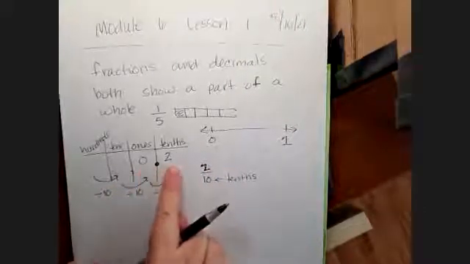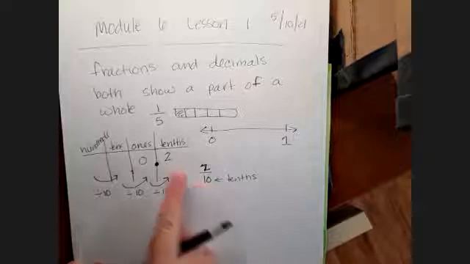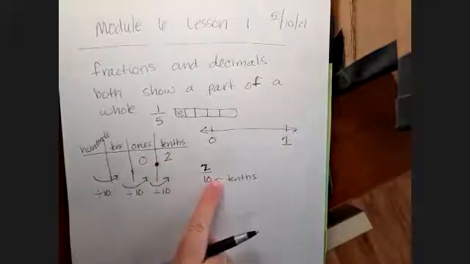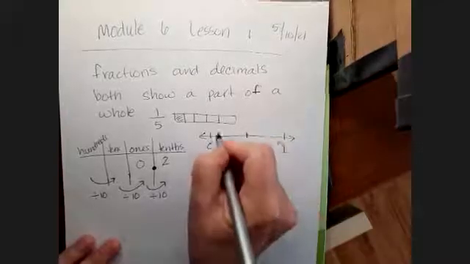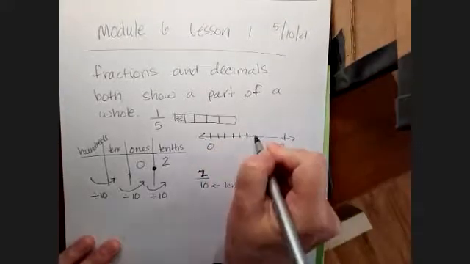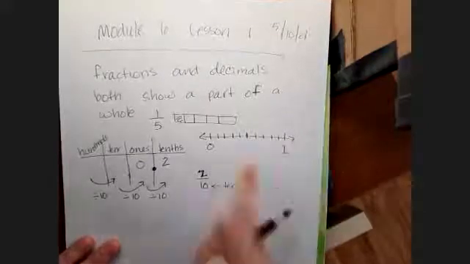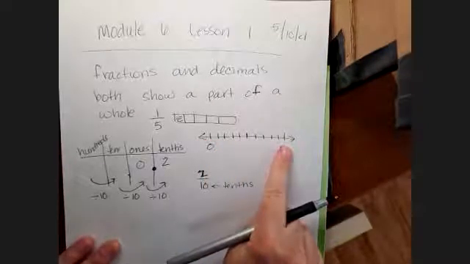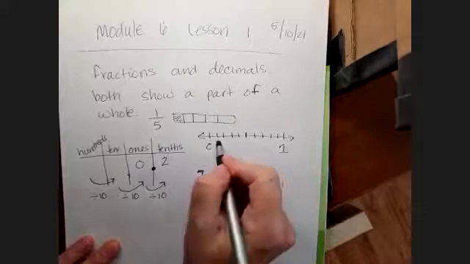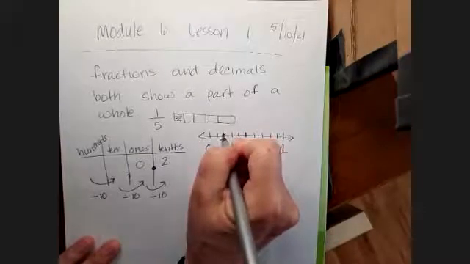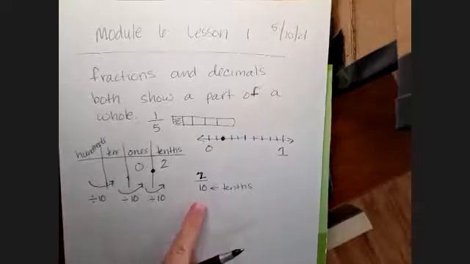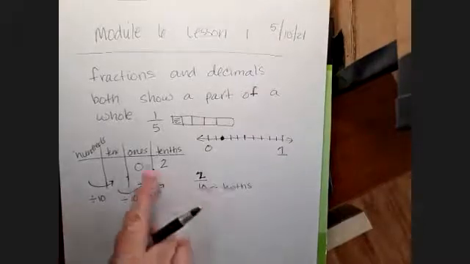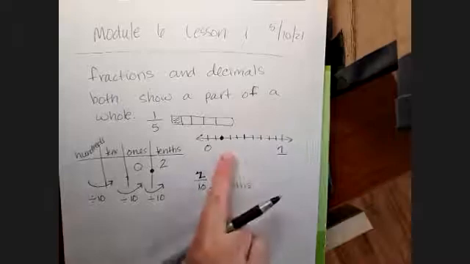So I can write it as a decimal, or I can write it as a fraction. They're the same amount, written 2 different ways. So I'm going to break my number line into tenths. All right, so I have 10 parts of my number line. And if I had 2 tenths, 1 tenth, 2 tenths, it goes right here. So if I had 2 tenths, decimal version, fraction version, here it is on a number line.